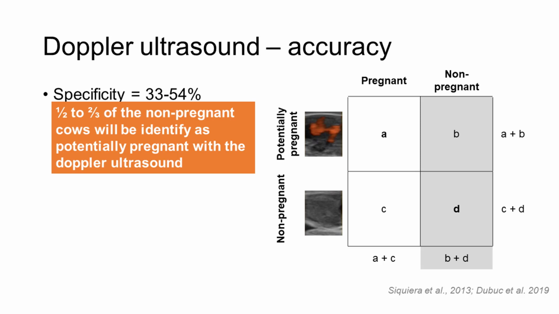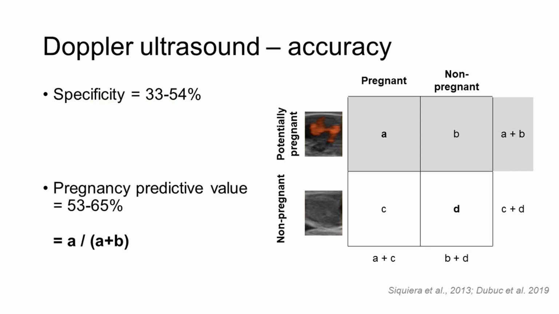This highlights the importance of doing the traditional pregnancy diagnosis at 35 days post-insemination, which we will discuss again later in the course. The pregnancy predictive value is also low as multiple cows identified as potentially pregnant are in reality non-pregnant.